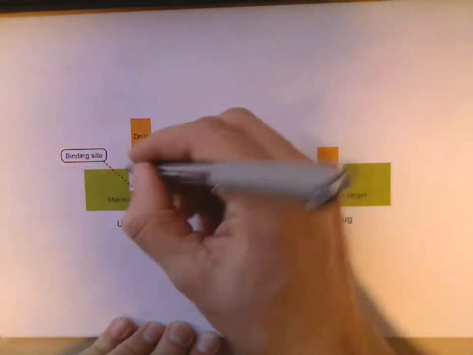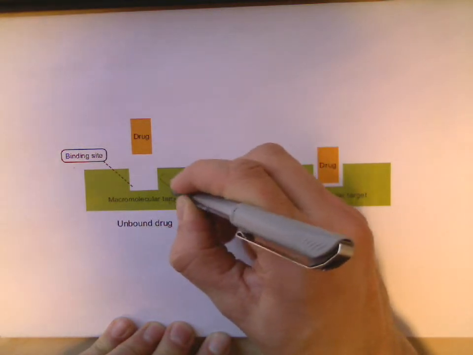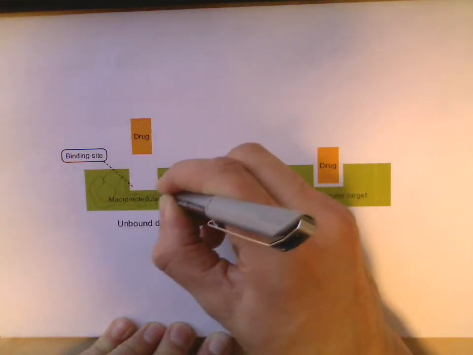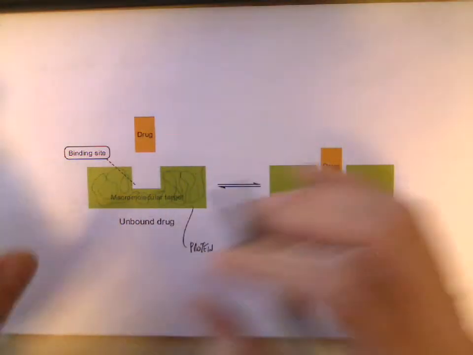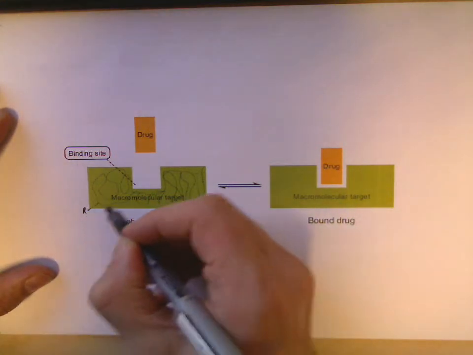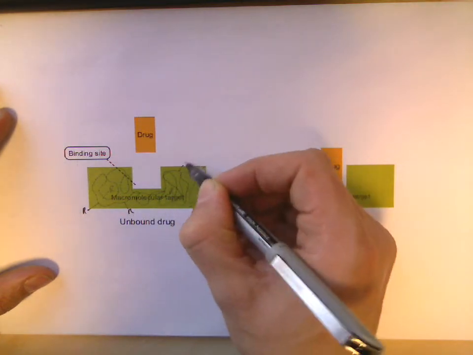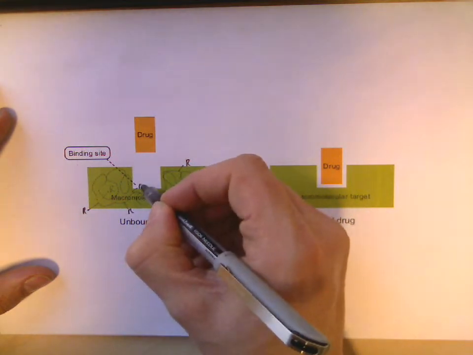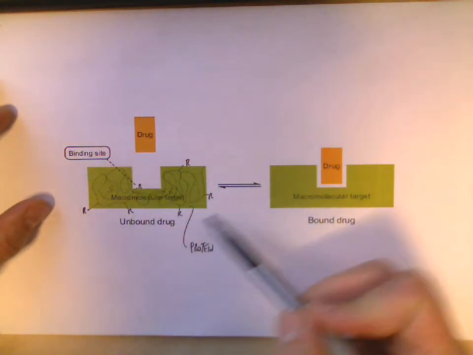So remember, this would be a linear chain of amino acids all folded up into secondary structure, and you would have lots of amide bonds and all of the groups sticking off the amino acid backbone to give you a variety of places or binding sites around that protein where drugs can bind.